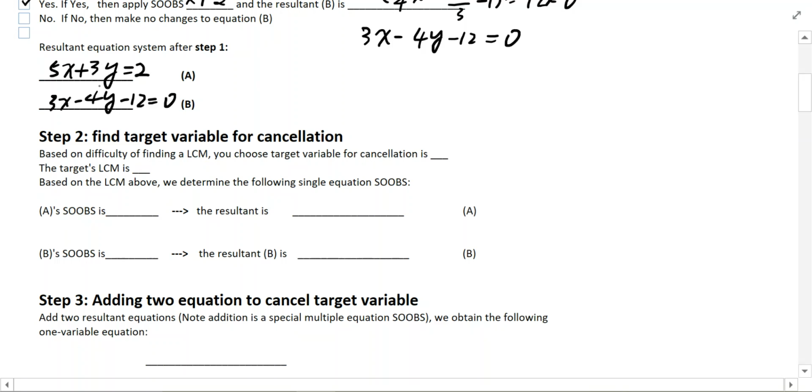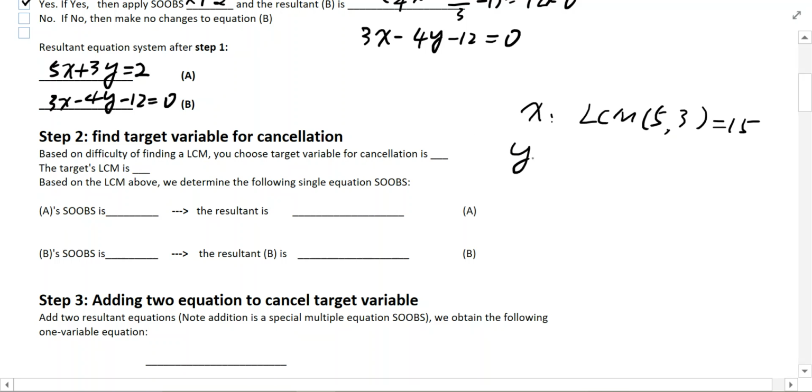So now we also think of which is our target. So find the target variable for cancellation. Basically we want to find the variable we want to cancel. In this case, if you want to choose x, then you need to use the LCM between 5 and 3, so it's 15.